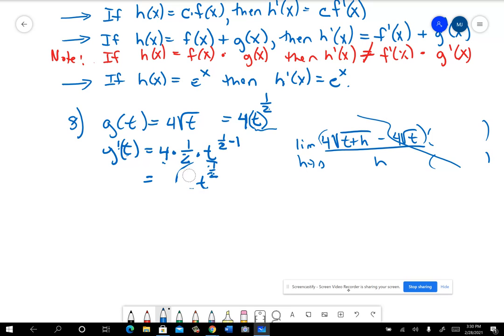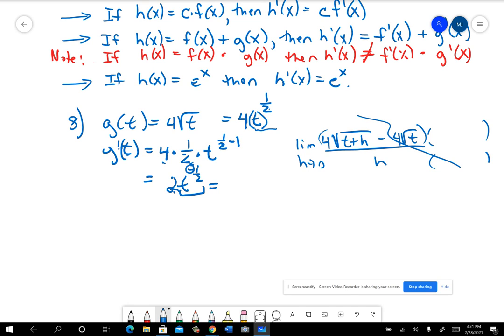Okay, now I'm not going to stop there on this one. I'm going to simplify it a little bit more because of the negative exponent, but it really turned out to be 2t to the negative 1/2. There's one more thing. Since it started with a radical, it's best practice to go ahead and get the radical back in there. And so there's where you have to also remember that that exponent being negative means that that part right there is going to be 1 over the square root of t.